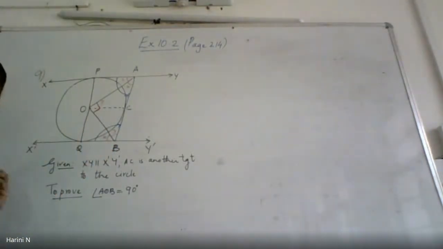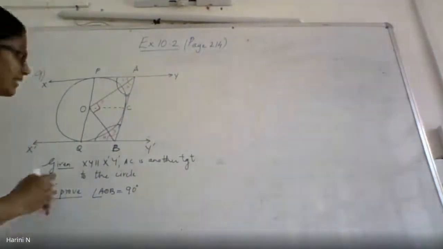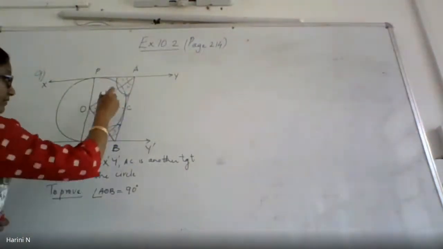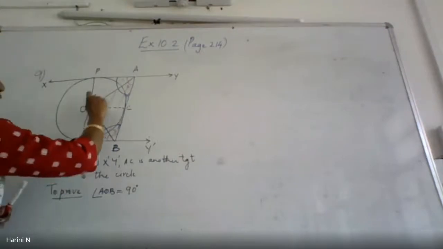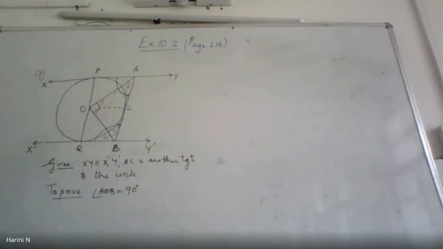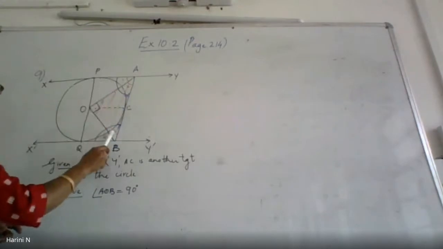Alright, you understand why I am bringing it in terms of 2 and 3 alone? Because I am going to concentrate on this triangle. Can you understand which triangle I am going to concentrate on? I am going to concentrate on triangle OAB. So 2 times angle 2 plus 2 times angle 3 equals 180 degrees.